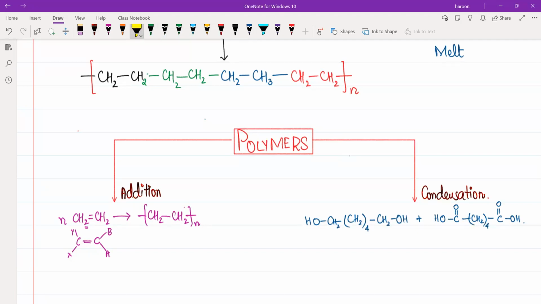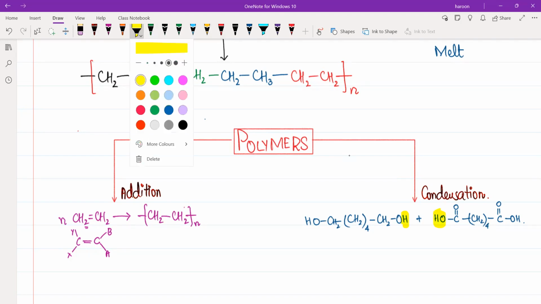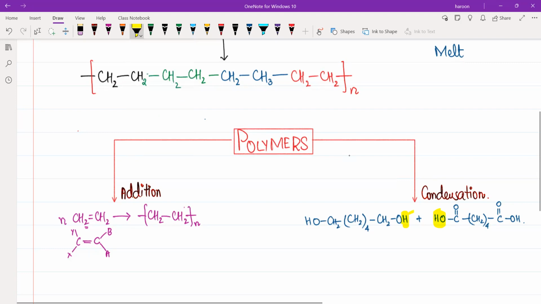Now, H and OH will combine together to form H2O.